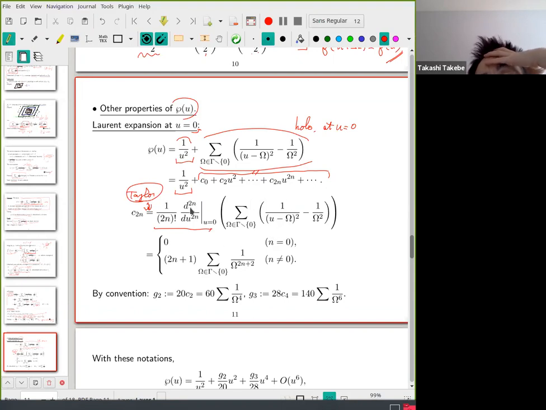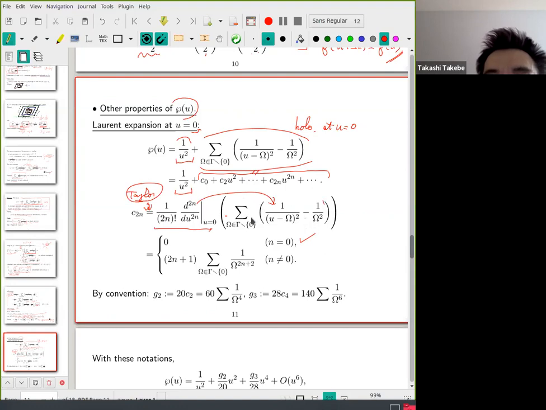For example, when n is equal to 0, C0 is 0 because we do not have this derivative, and u is 0. Then, of course, each summand vanishes, so it is 0. When n is not equal to 0, first we differentiate each summand.